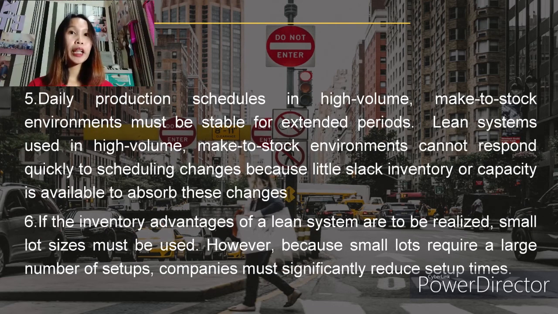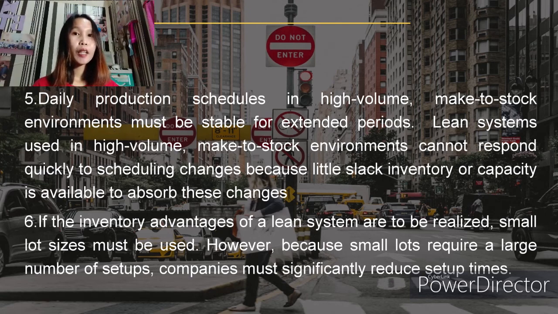Fifth, daily production schedules in high-volume make-to-stock environments must be stable for extended periods. Lean systems used in these environments cannot respond quickly to scheduling changes because little slack inventory or capacity is available to absorb these changes.